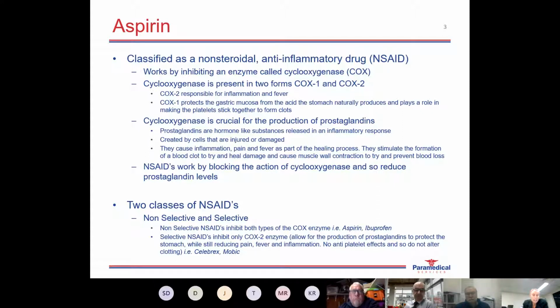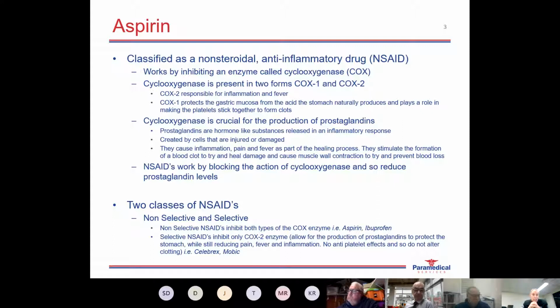They cause inflammation, pain, and fever, and they do this as part of the healing process. They also stimulate the formation of a blood clot to try and heal damage and cause muscle wall contraction to try and prevent blood loss. Again, this all ties in nicely when we start talking about adverse effects, contraindications, and actions. You'll see that it all comes back to a lot of what we're talking about here.